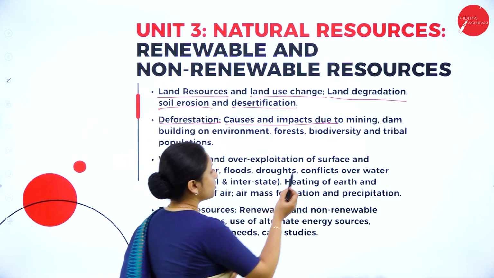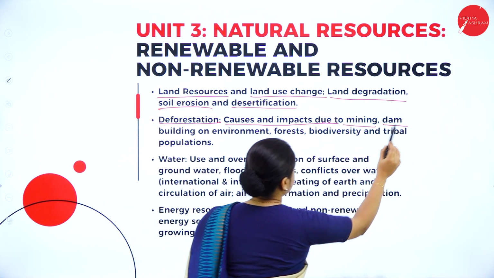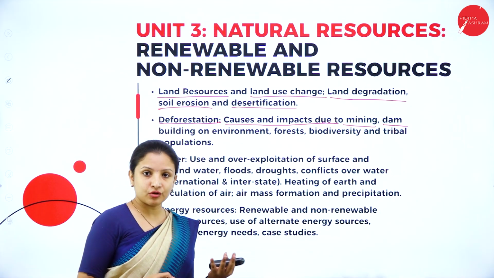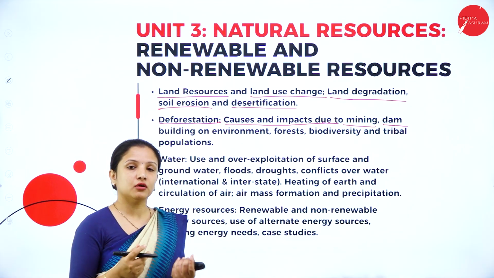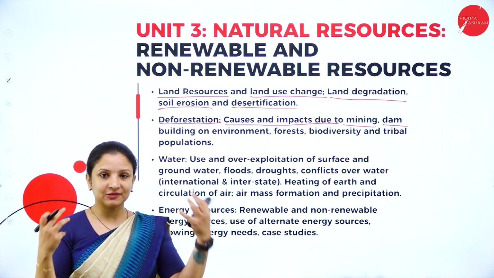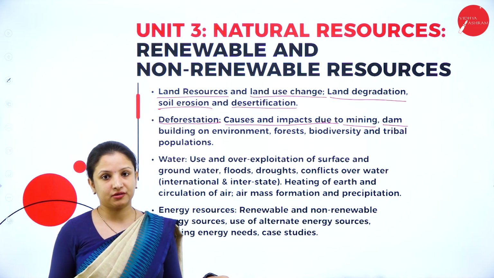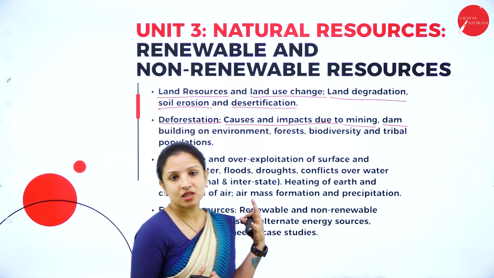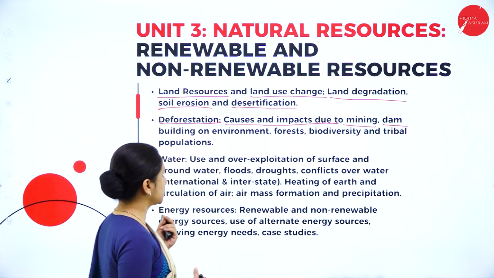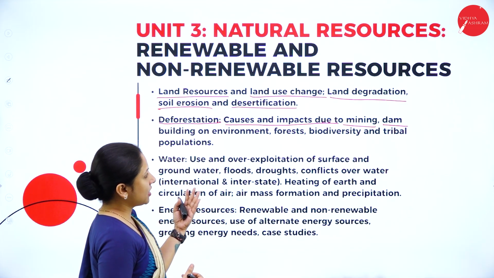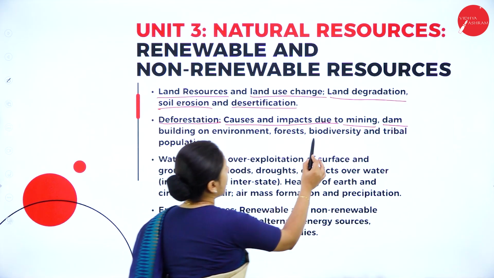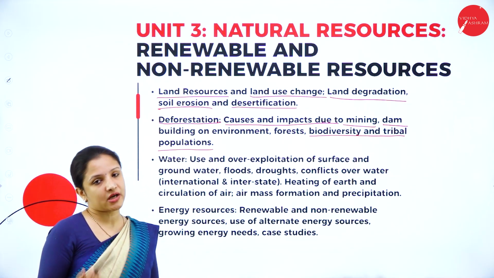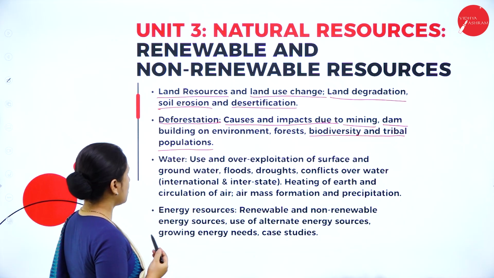Under that we need to know about mining and dam building, because deforestation also occurs when, to build a dam, you need space and you need to clear acres of forest land. All that results in deforestation. We need to study about that, and then about biodiversity and the tribal population, how deforestation affects the tribal population also.